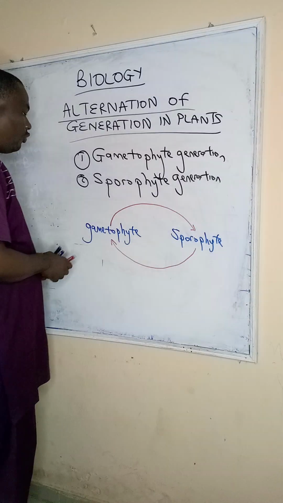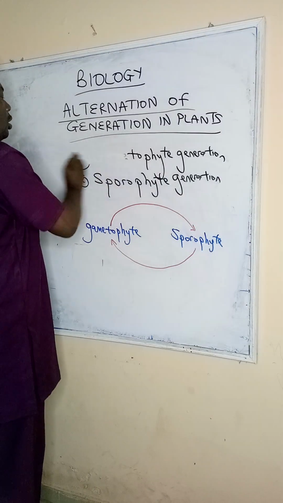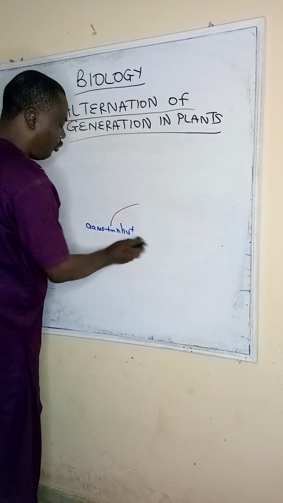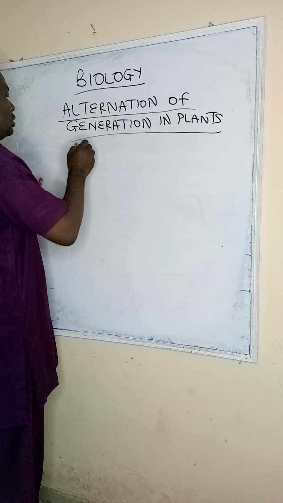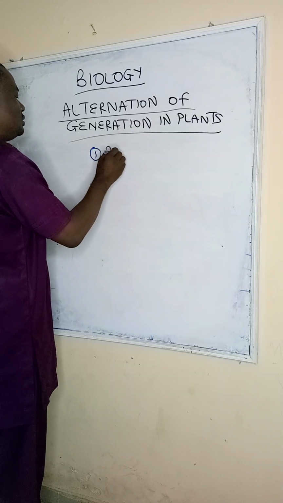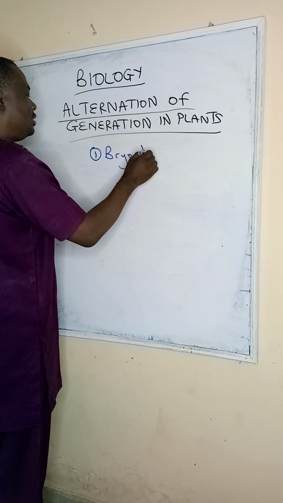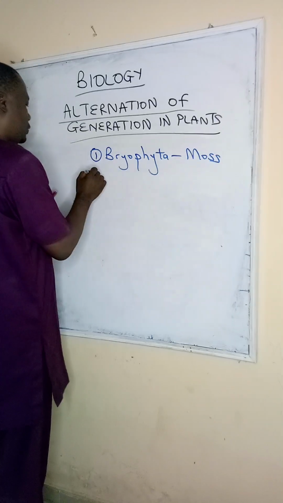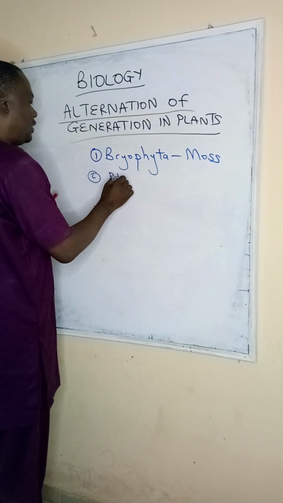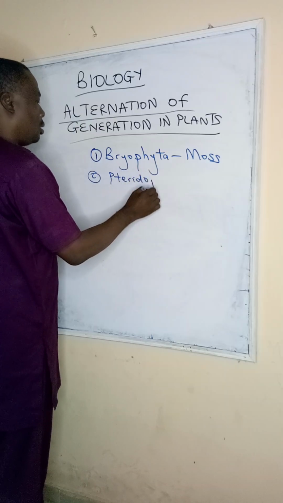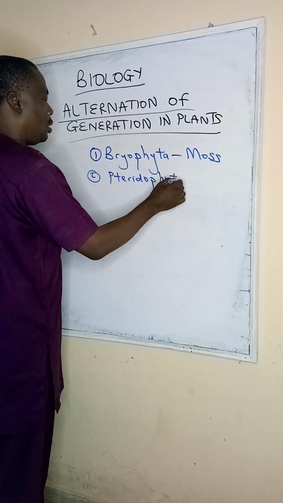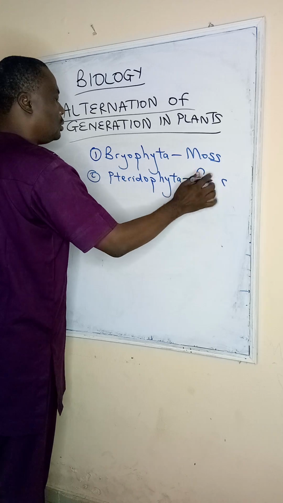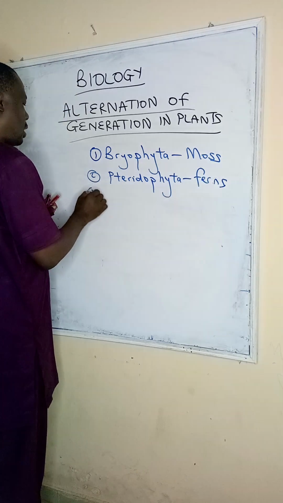Now if you look at the plants, the common ones we discuss for alternation of generation are normally the moss, bryophytes, particularly the moss, then pteridophyta, the ferns, and the flowering plants.